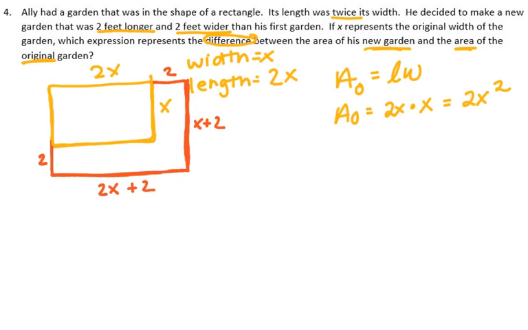Now, if I wanted to find the area of my new garden, that's going to be a little bit different here, because now I have to use my new values that I have in red. So my length now is going to be 2x plus 2, and my width will be x plus 2.